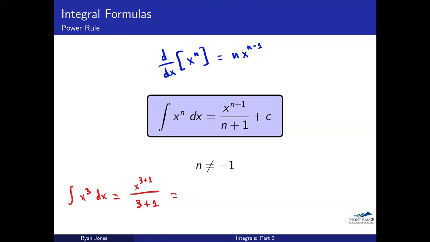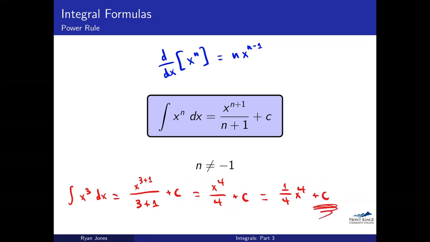So it's x to the fourth over 4. You might write that as 1/4 x to the fourth. And let's not forget, I almost forgot it here, but I didn't, plus c every time. Gotta have that.